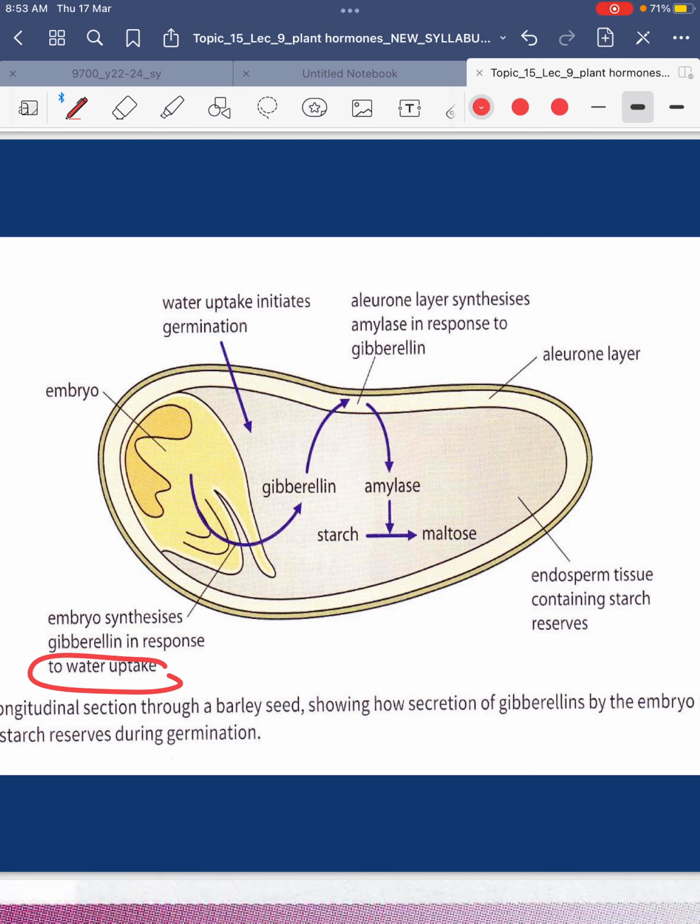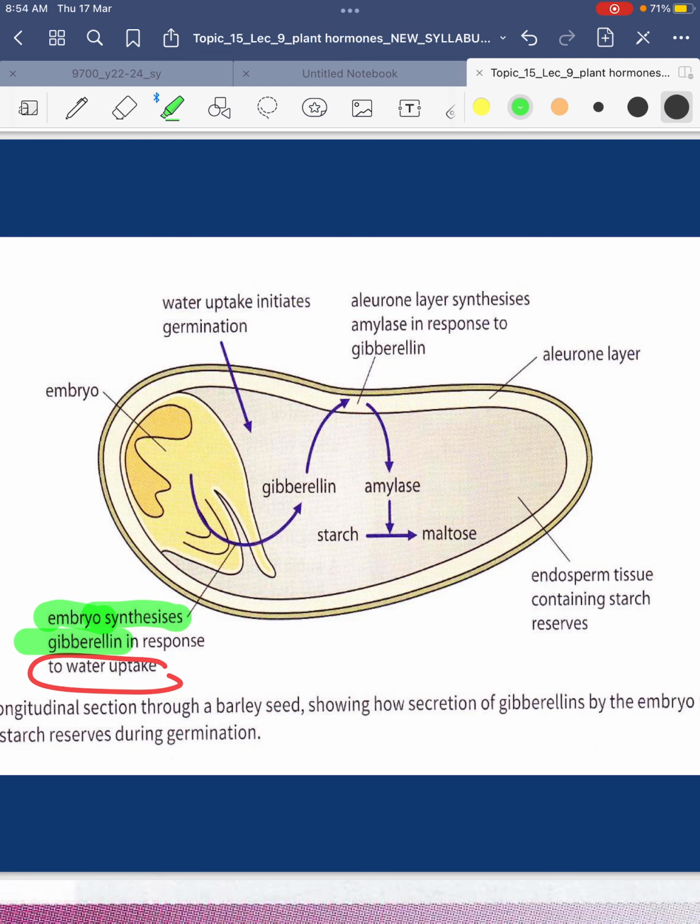So first, the uptake of water by the seeds, absorbed by the embryo, will activate the synthesis of gibberellins. Make sure that you know this: the embryo synthesizes gibberellin.